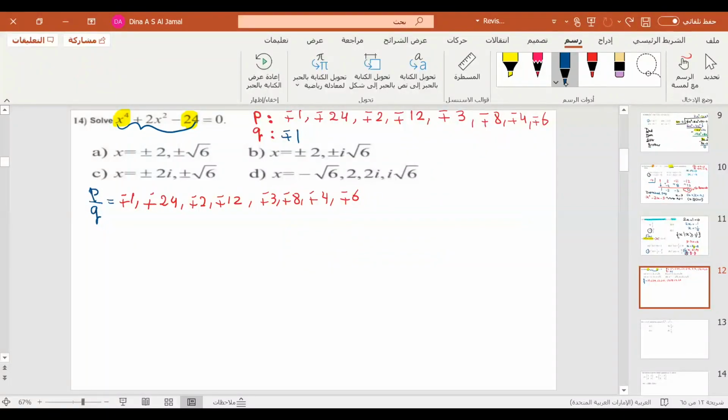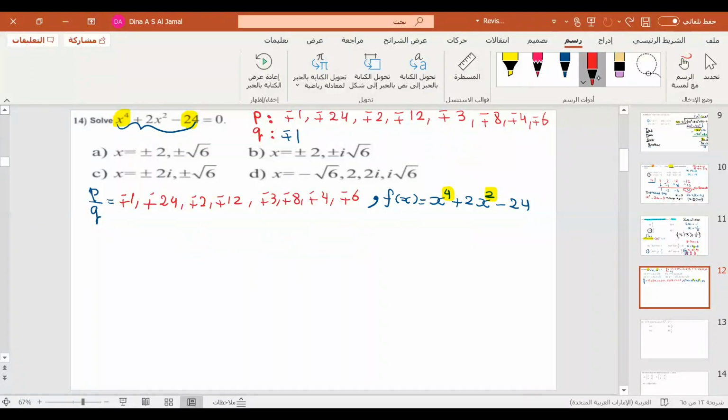Okay, so if I would like to substitute, I will be using my f of x to be x to the power 4 plus 2x squared minus 24. And since you are having even power, that means whether you will be substituting with the negative or the positive, you will be getting the same answer.